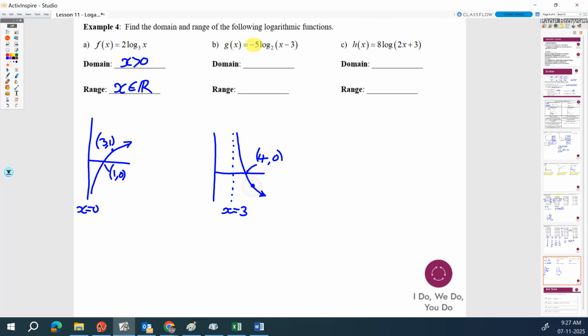We have another point here where the y value is -5. Discuss with the person next to you what the x value is at this point. 6.